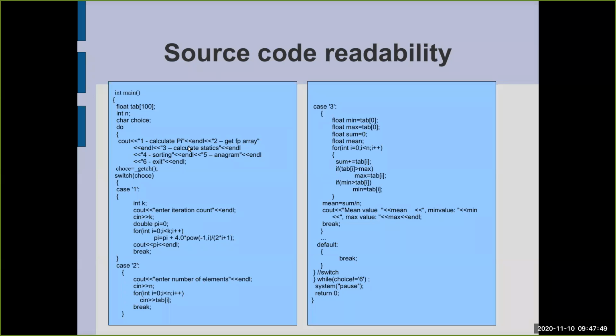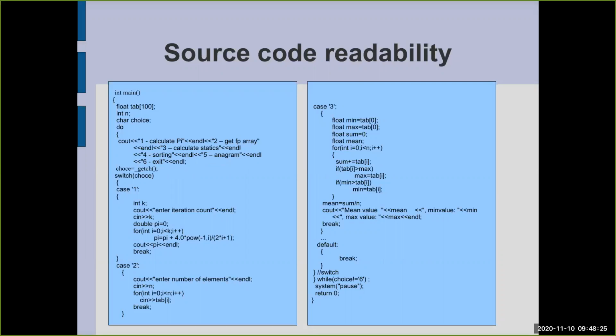If 3, we calculate a simple statistic for this array. So we sum all elements, and we calculate min, max, and mean value. Okay, so here we can add more options which are mentioned here, for example, anagram or sorting.